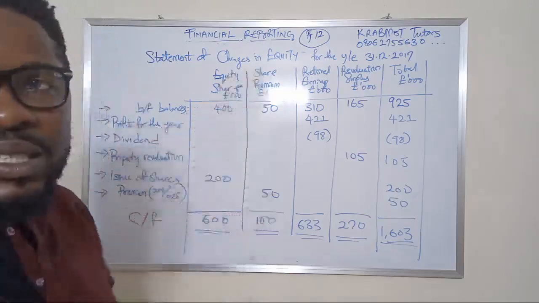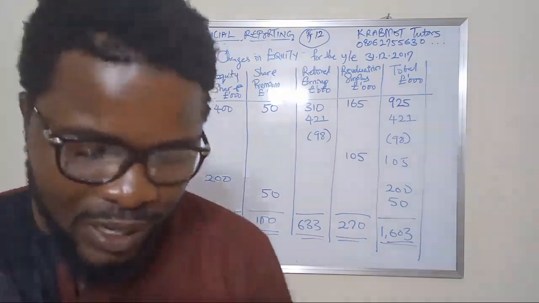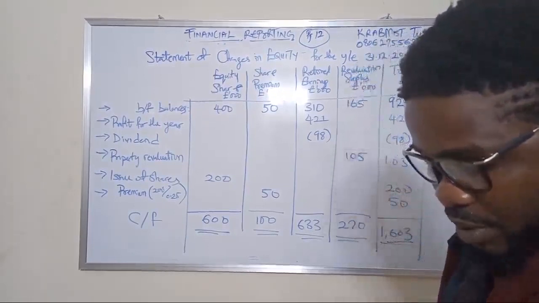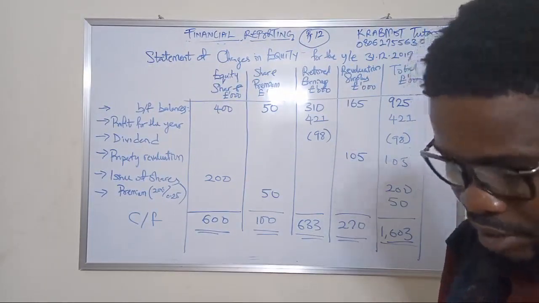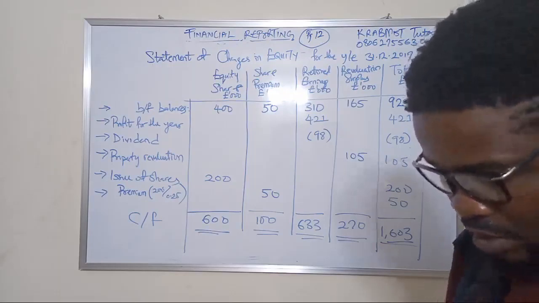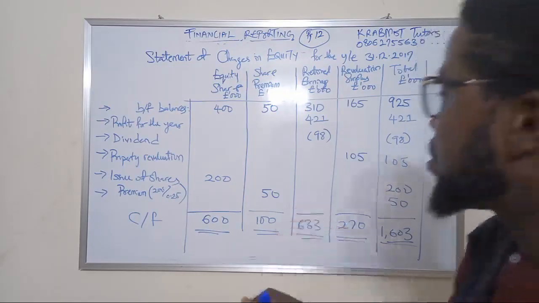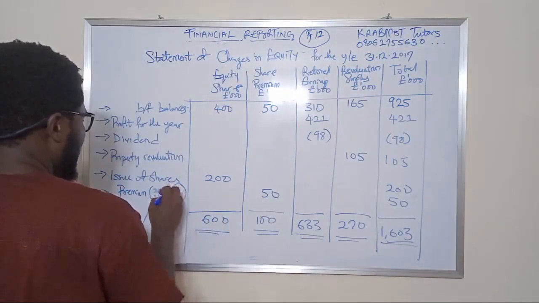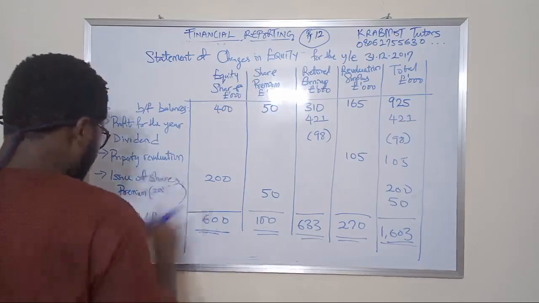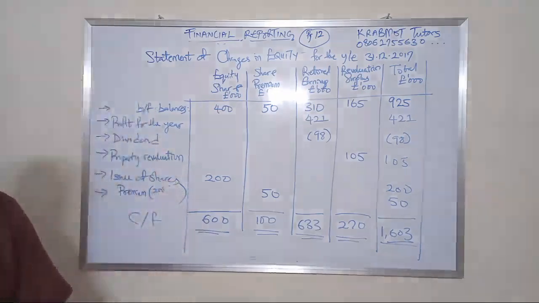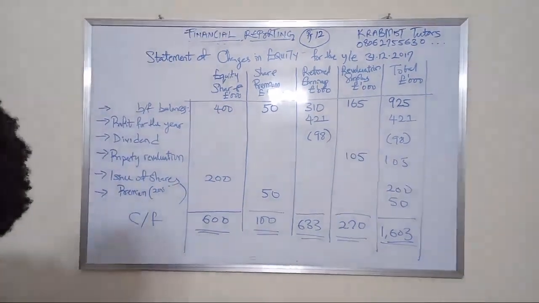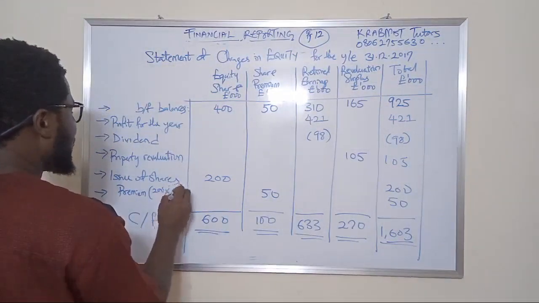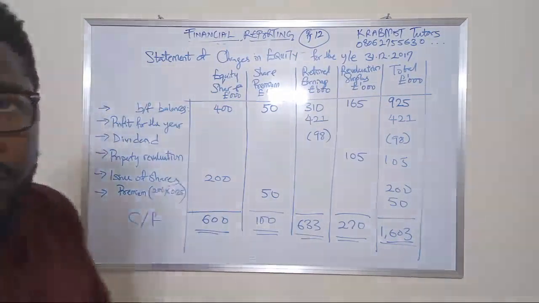So you take 200 times 0.25, and that gives you the amount that will go into the share premium account. So that is it.